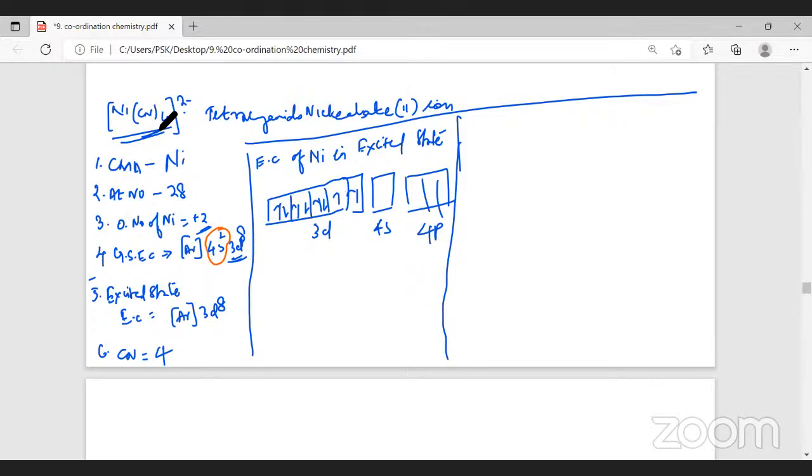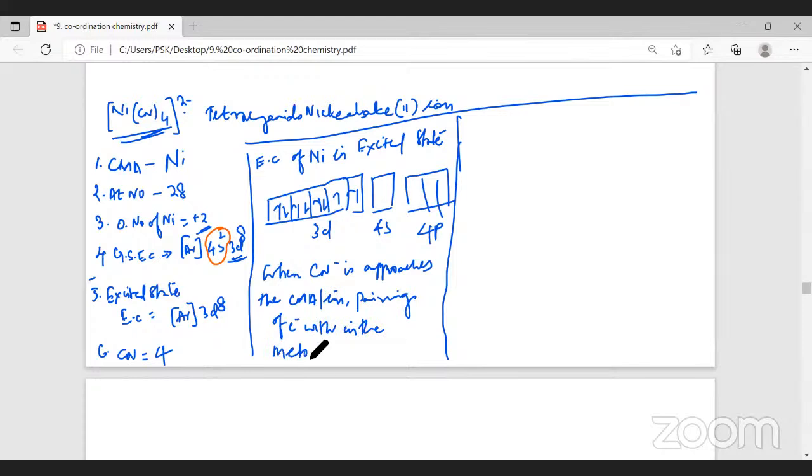Now, cyanide is a ligand here. Is cyanide a strong field ligand or a weak field ligand? Strong ligand. When a strong ligand approaches the central metal ion, that is nickel, pairing of electrons within the metal takes place.